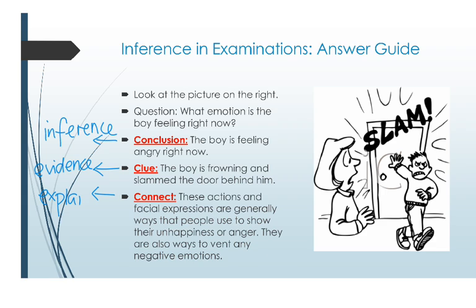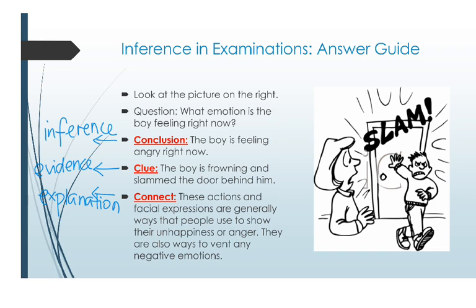I would like you to take a moment and look at this. In my conclusion and in my connect, I never once mentioned the word frowning or slam the door, if you would like to observe. This is very, very important, because there's no point repeating to me what I am seeing or what I'm reading. I'm educated, I can see, I'm not illiterate, I know that the boy is frowning, I know the word slam.